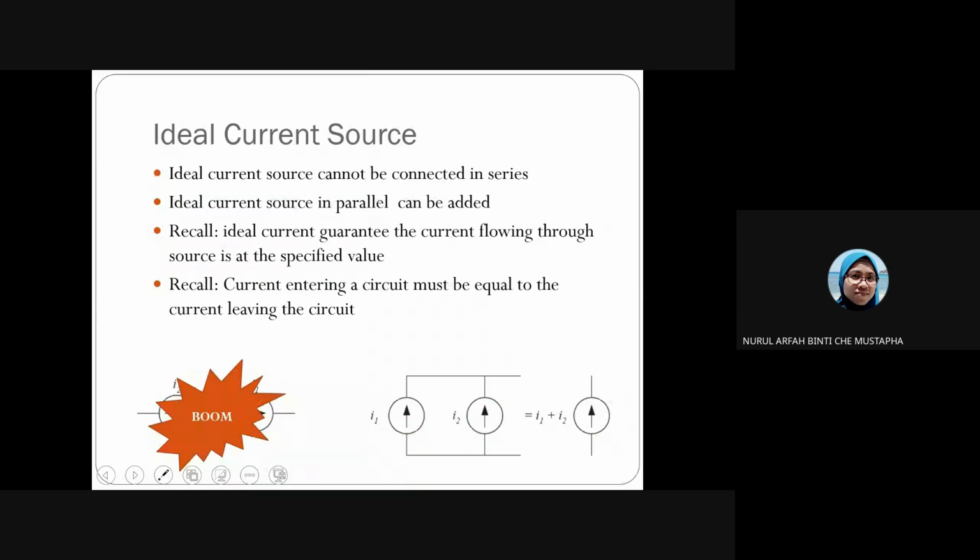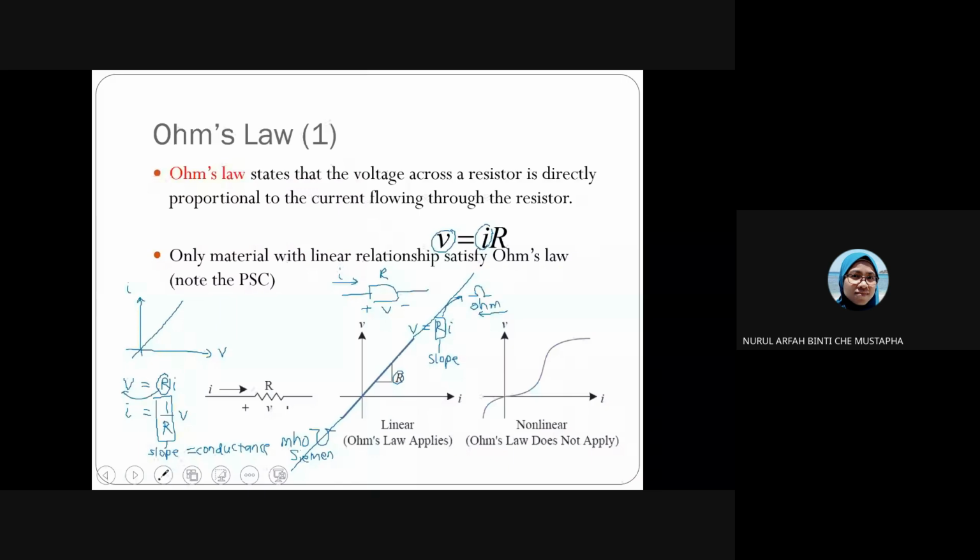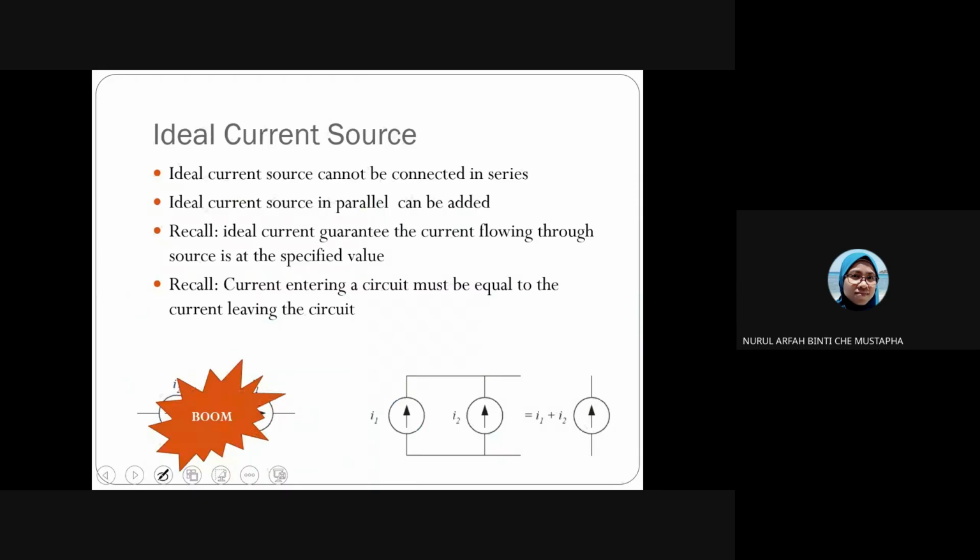So do you have any questions? Current should be the same when elements are in series. Voltages are the same in parallel. I think the highlight here is that we need to understand what is series and what is parallel.